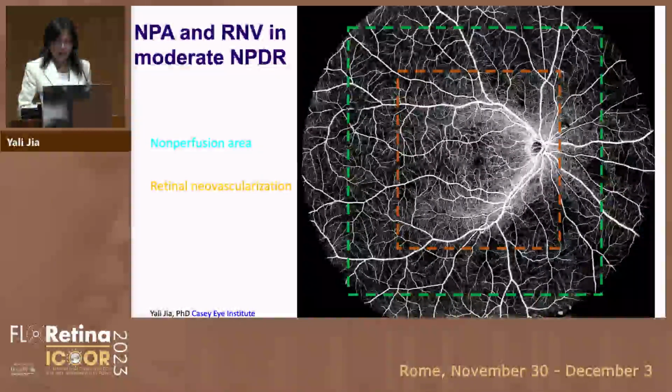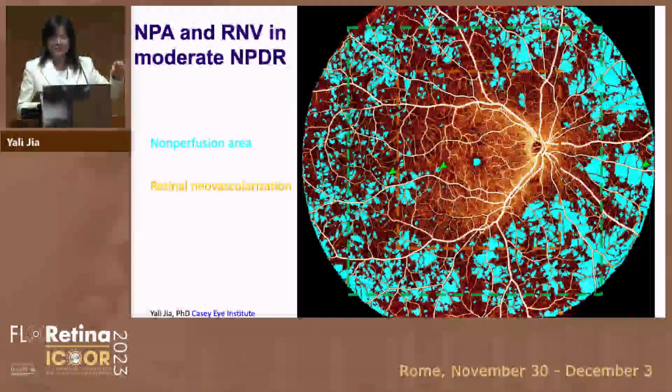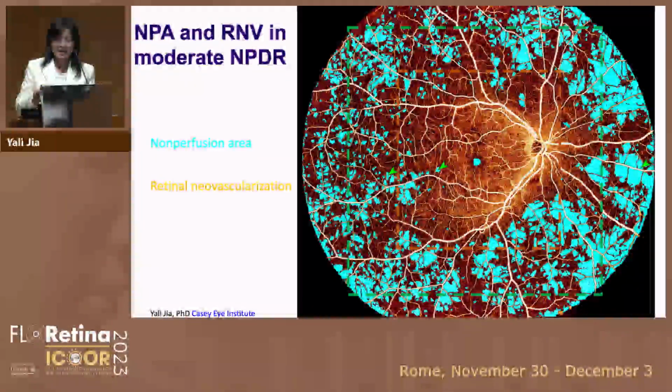I want to show you that a bigger, wider field of view can also catch non-perfusion areas, ischemic areas, more easily. For example, in this PDR case, the non-perfusion area predominates in the periphery, right? If you just use 12 by 12 or 18 by 18, you couldn't catch it all.